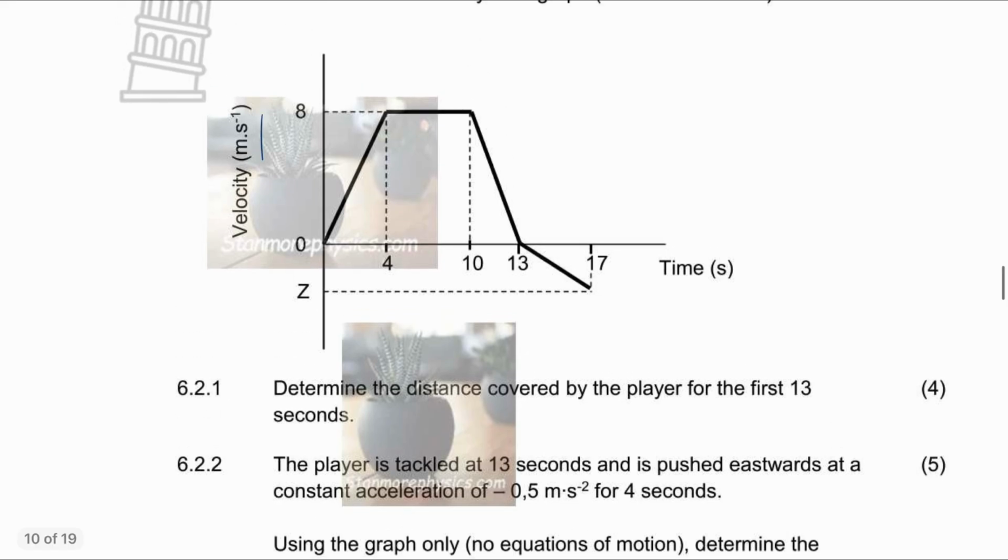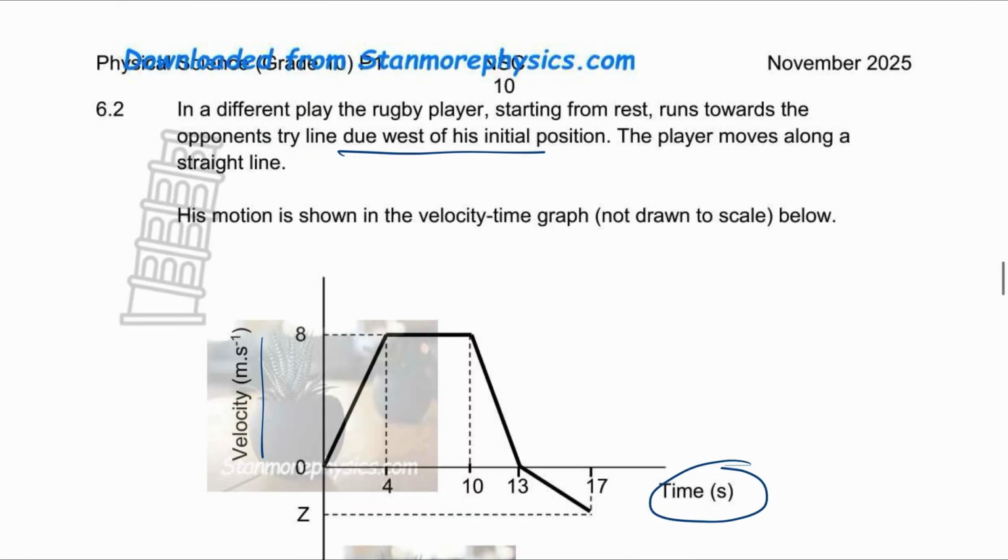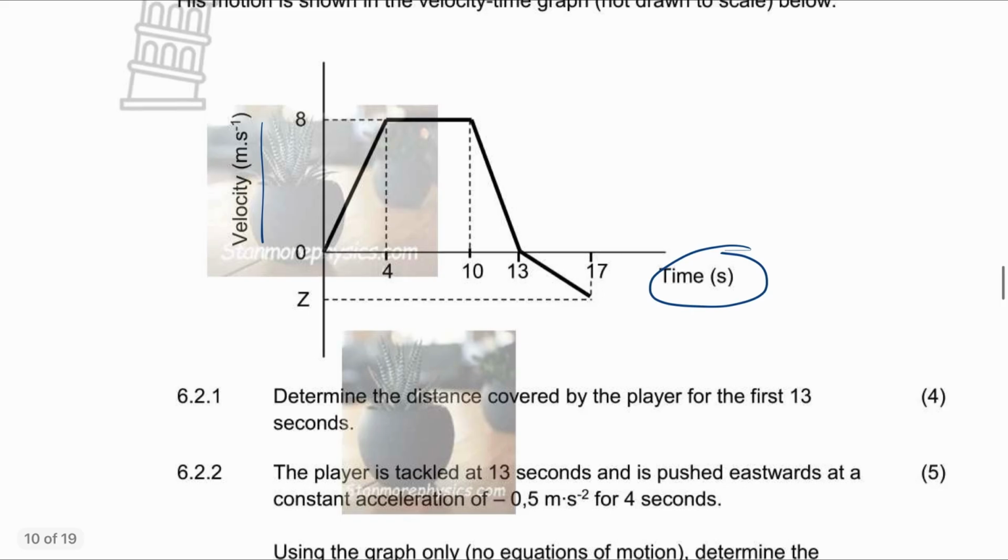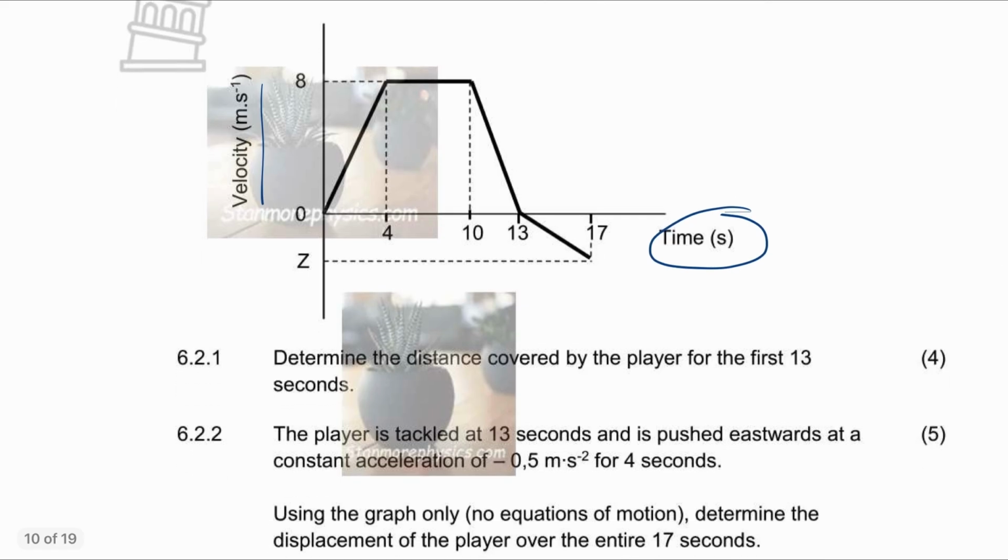So if you have a velocity time graph and you want to figure out the distance traveled or displacement, you need to work out the area. So the area of this shape, this is a trapezium. You can either break it up into two triangles and a rectangle and work out the areas and then add them up, or you can use the formula to calculate the area of a trapezium. So the area of a trapezium is equal to half the sum of the parallel sides.